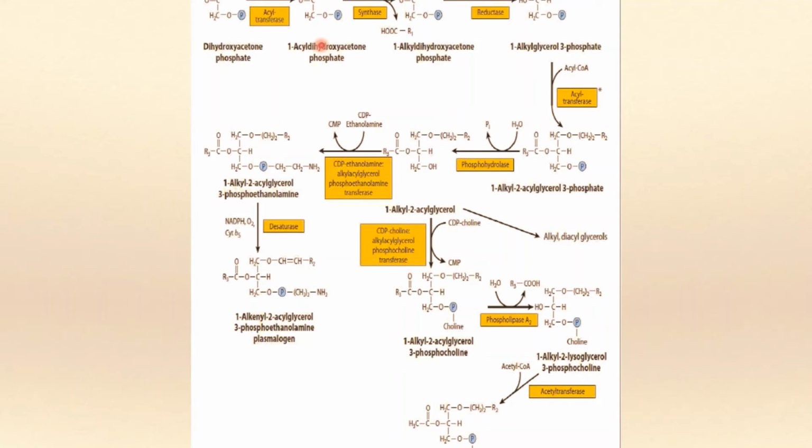Here again at the C1 position by ester linkage there will be formation of the 1-acyl derivative of dihydroxyacetone phosphate, which subsequently gets acted upon by another enzyme, synthase, to form 1-alkyl dihydroxyacetone phosphate. That is the significant reaction. Instead of the ester linkage generated, it becomes the ether linkage at carbon number 1 of the dihydroxyacetone phosphate.